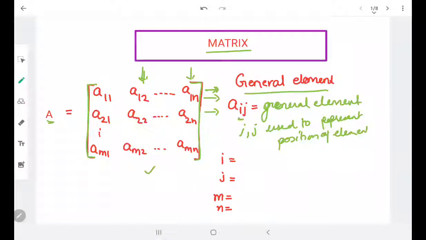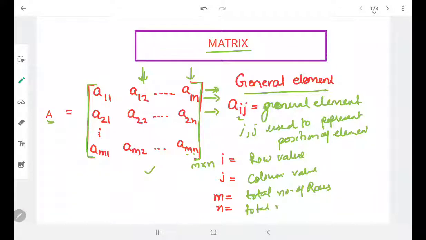The i, the first value in the subscript, represents the row value, in which row the element is, and j represents the column value, in which column the element is. And then this m and n, here also I am writing m by n. This m is the total number of rows and n is the total number of columns.